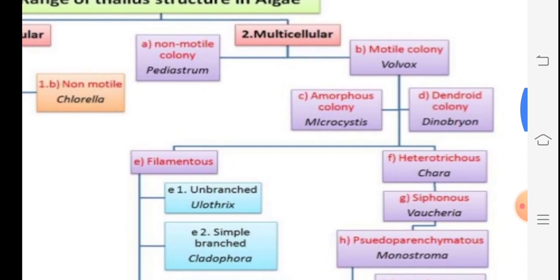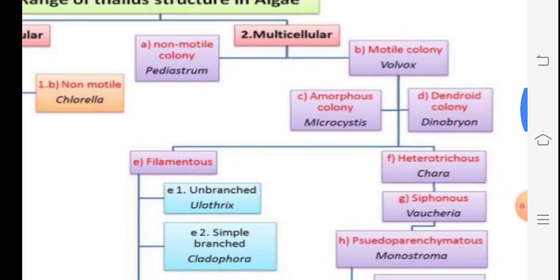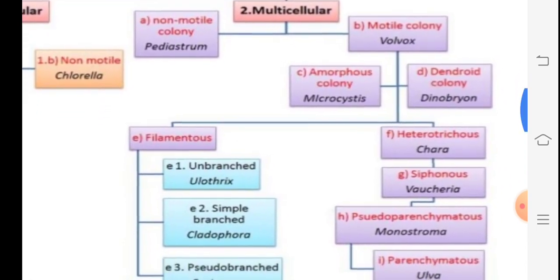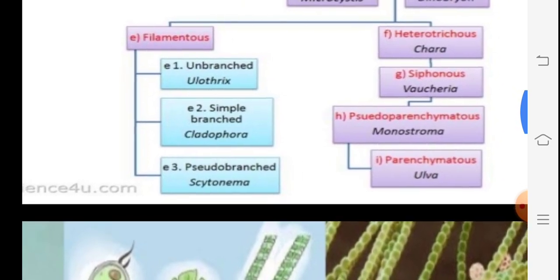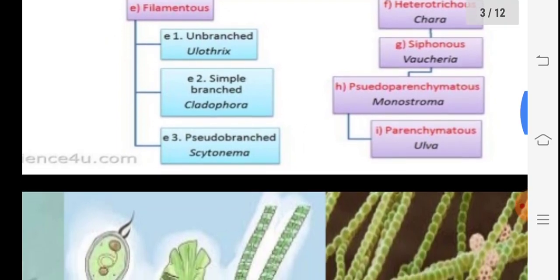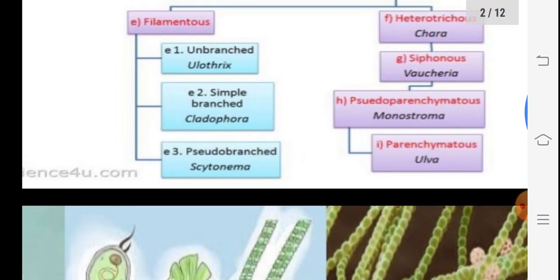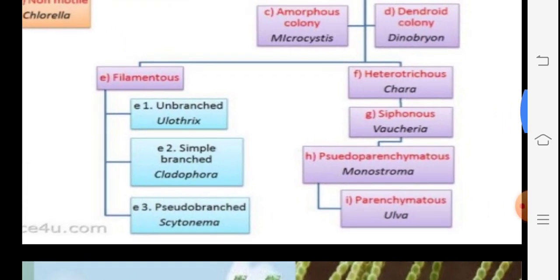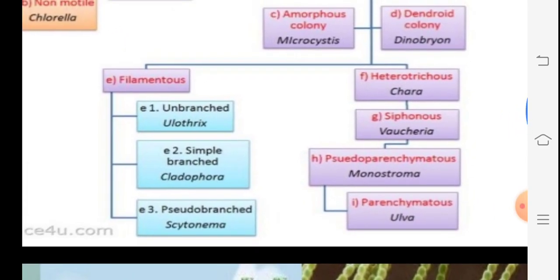In the motile colony, Volvox is the good example. Then in filamentous forms, unbranched Ulothrix, branched Cladophora, and pseudo-branched Scytonema. Scytonema is not here, but I have taken it for comparison; it is from Cyanophyta.